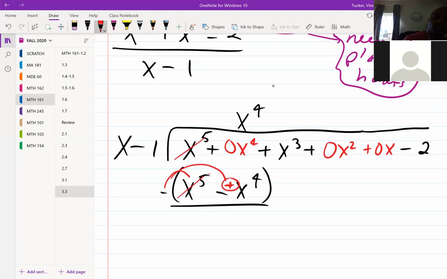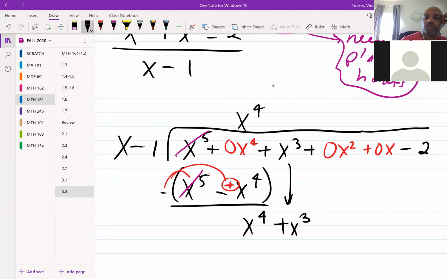These cancel. The negative to negative turns positive. So 0x to the 4th plus x to the 4th is just x to the 4th. Bring back down plus x cubed.